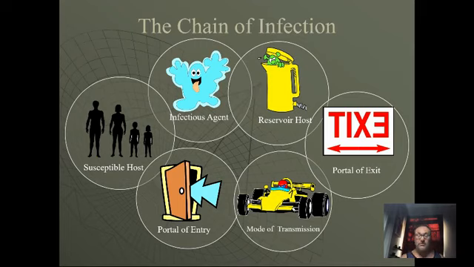Portal of entry. Again, we're all wearing masks, which blocks a lot of the agent from getting into the body. And the last one, what do we do to make the host less susceptible to the virus? They developed a vaccine. So that reduced the susceptible host's vulnerability to the COVID virus.